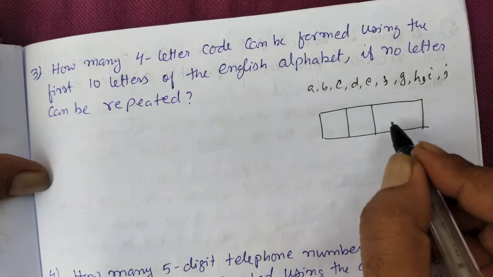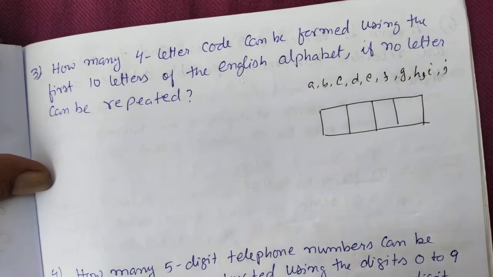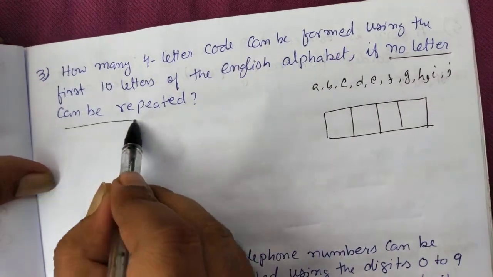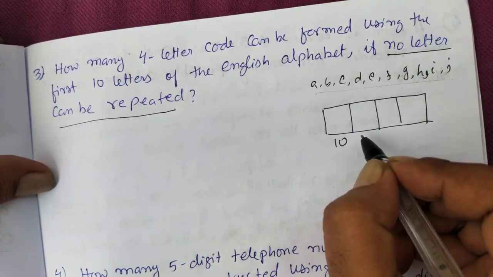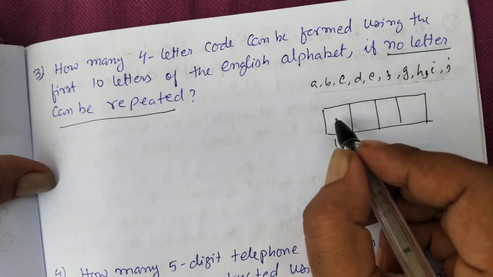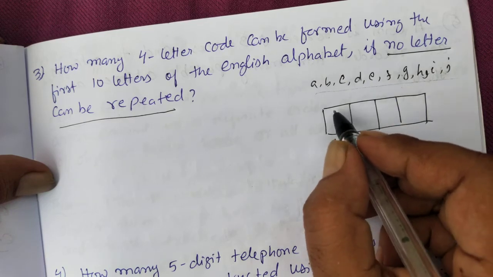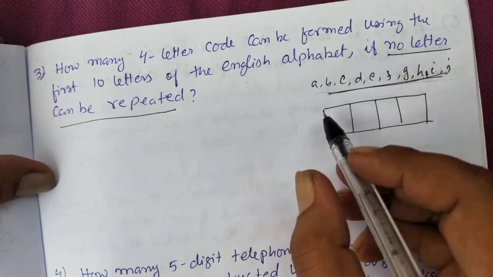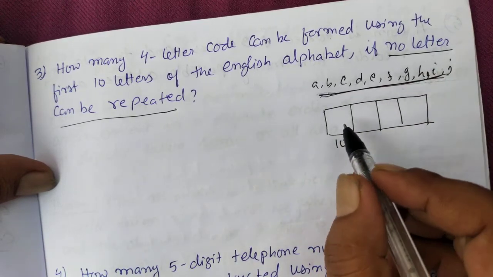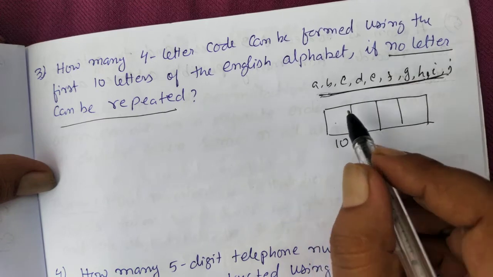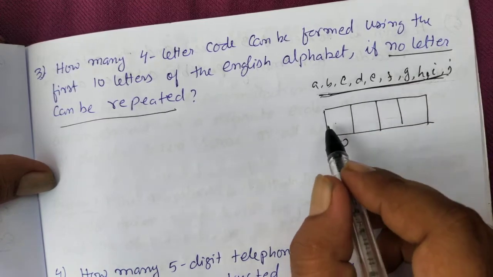So I'm just making 4 boxes. No letter can be repeated. I can use all the 10 letters here, but if I use any one here, I cannot repeat it.